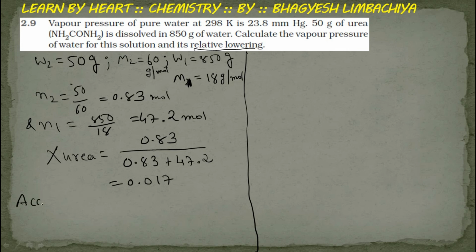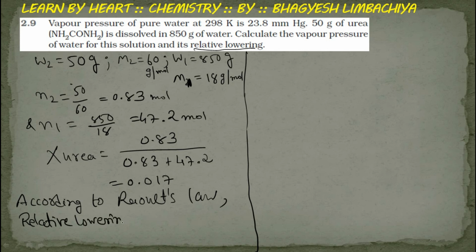Now according to Raoult's law, the relative lowering in vapor pressure, that is P10 minus P1 upon P10, is equal to X of solute.